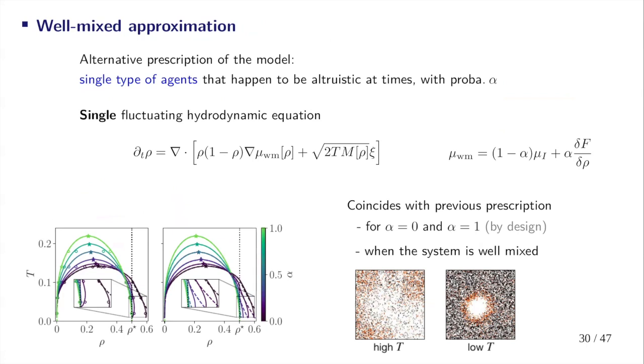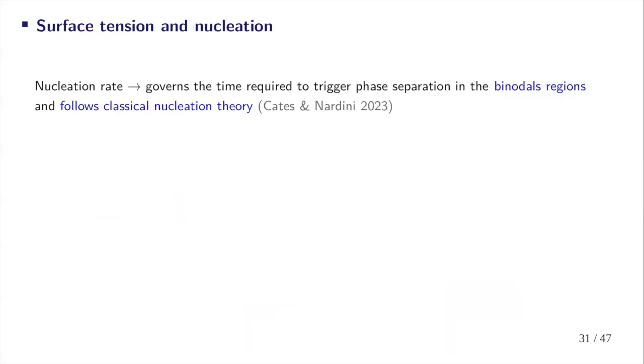Okay, and so we're getting to the end, and just before finishing, we wanted to understand more quantitatively the role of these surfactants, or these altruistic people being surfactants, and a way to quantify it would be to look at the nucleation rate in the binodal.